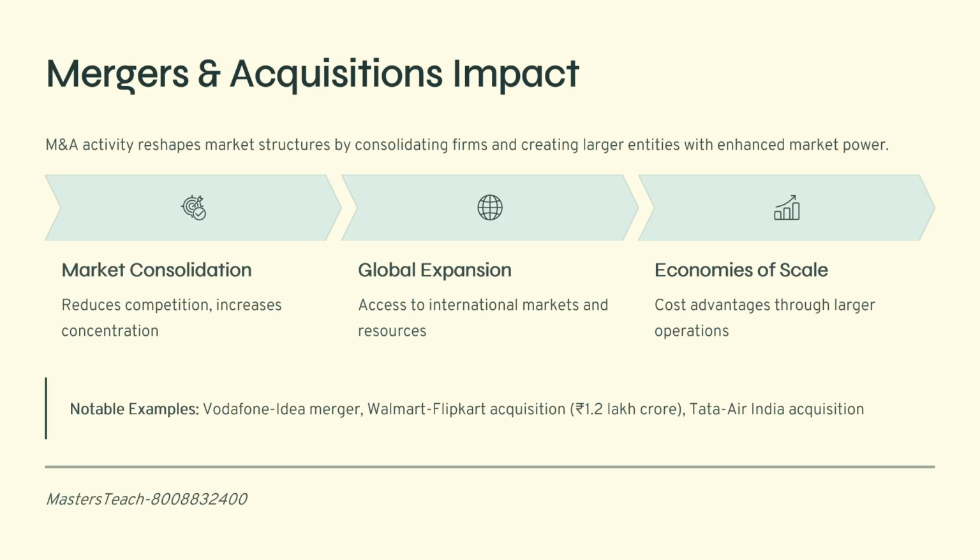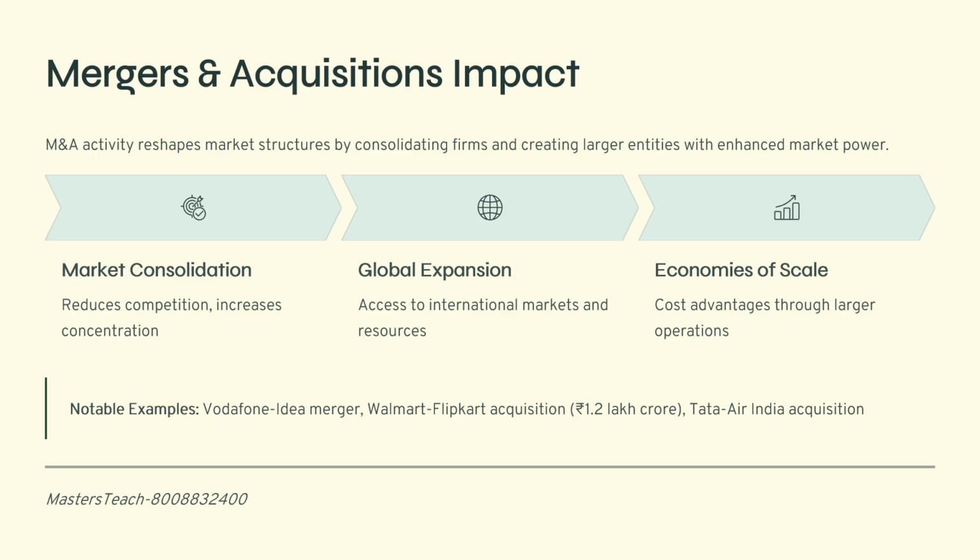Nowadays, in the fifth unit, like the fourth unit, market mergers and acquisition impact. Nowadays everything gets merged. For example, Maruti Suzuki. Like that they tie up with other firms. Market consolidation reduces competition and increases concentration.